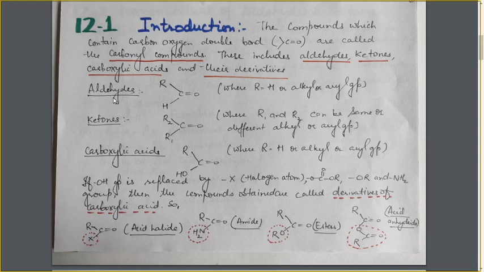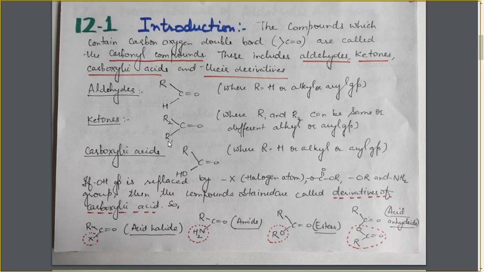In aldehydes, this carbonyl group is attached permanently on one side with the hydrogen atom, whereas on the other side it is attached either with the carbon atom or with the hydrogen atom. But on one side it will always be the hydrogen atom. Whereas in case of ketones, the carbonyl carbon is attached on both the sides with the carbon atom.